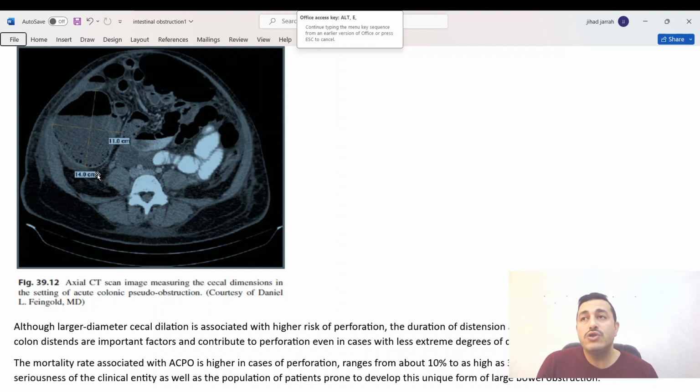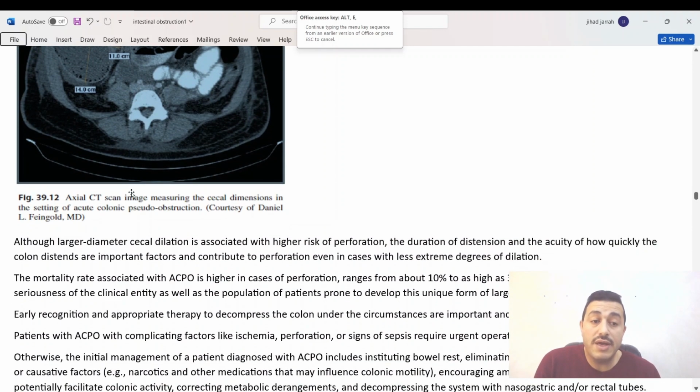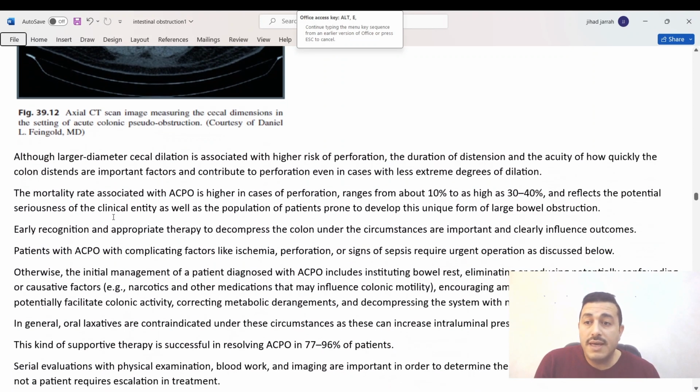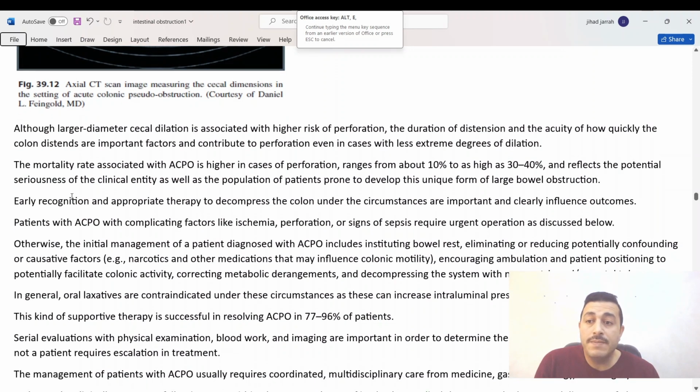It can be gradual, chronic, and the number may be huge with accommodation and no risk for perforation. So the acuity is extremely important. We said the cecum is at the highest risk for perforation. The mortality rate in acute colonic pseudo-obstruction in cases of perforation is high, up to 30%.